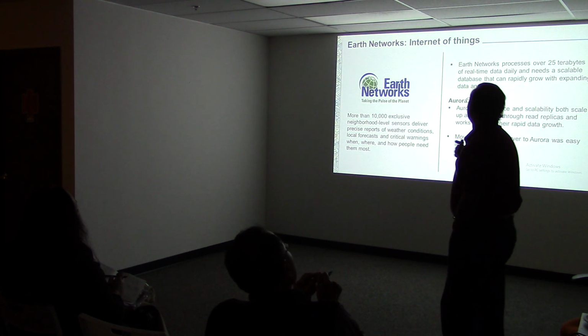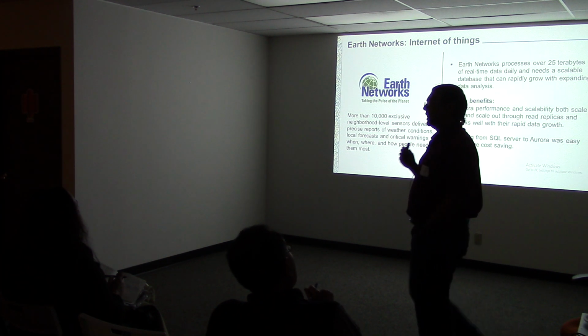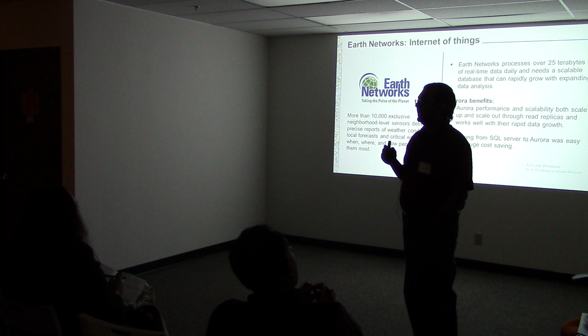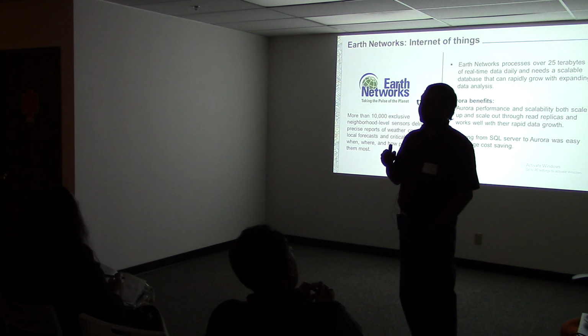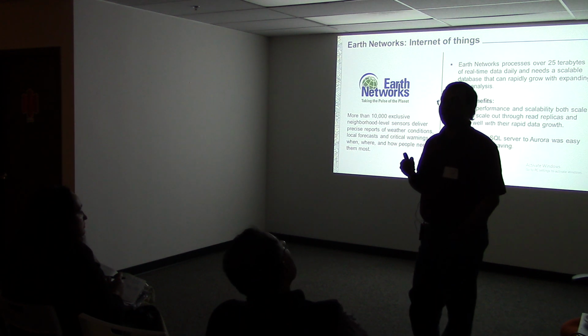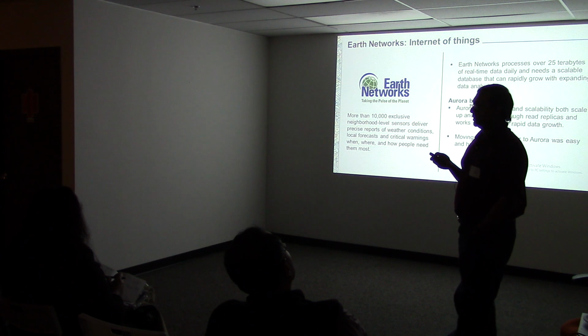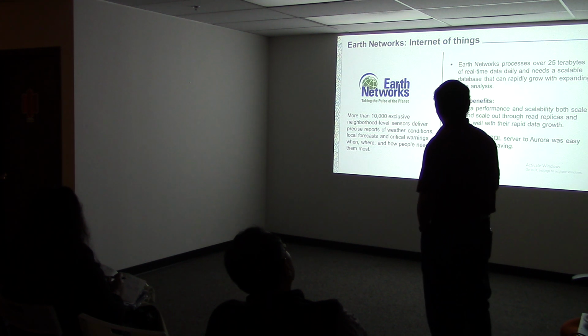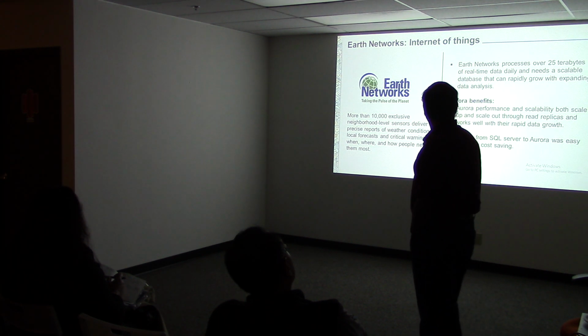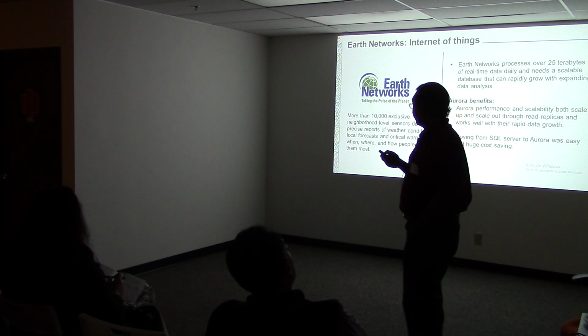Their problem is that they have 25 terabytes of real-time data that they collect daily, and a lot of that data is actually stored in the databases. So they need a very high ingestion rate. They tried Aurora, and they are using Aurora as one of the production databases. Again, they moved from SQL Server to Aurora, and this was quite an easy move, and they, of course, saved a lot of money.